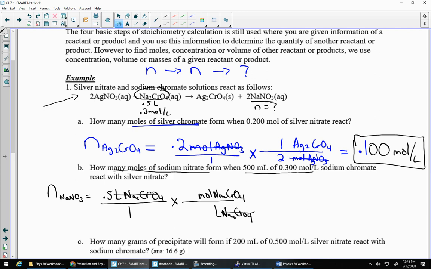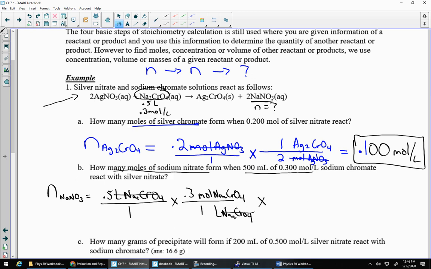Now I just have to look, it's 0.3 moles per liter, so the 0.3 goes with the moles, and the 1 goes with the liter. So 0.3 moles for every 1 liter. Now if we were to stop right here, we would have the moles of sodium chromate. We don't really want the moles of sodium chromate.